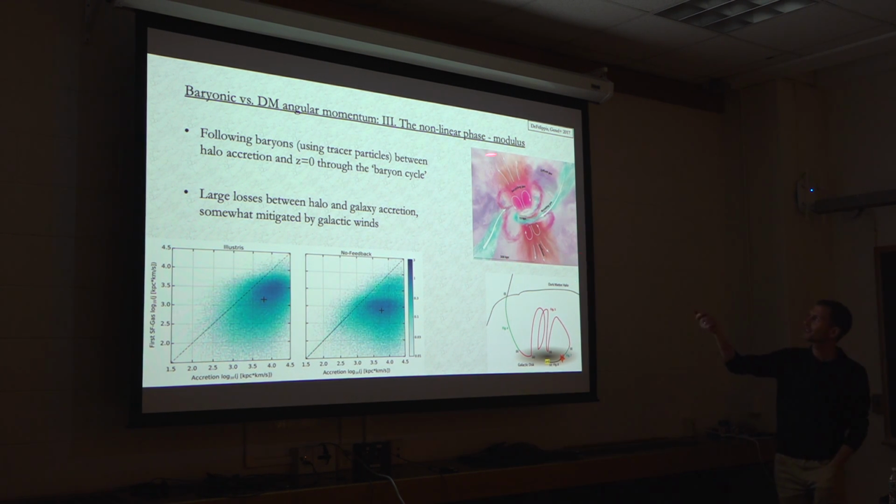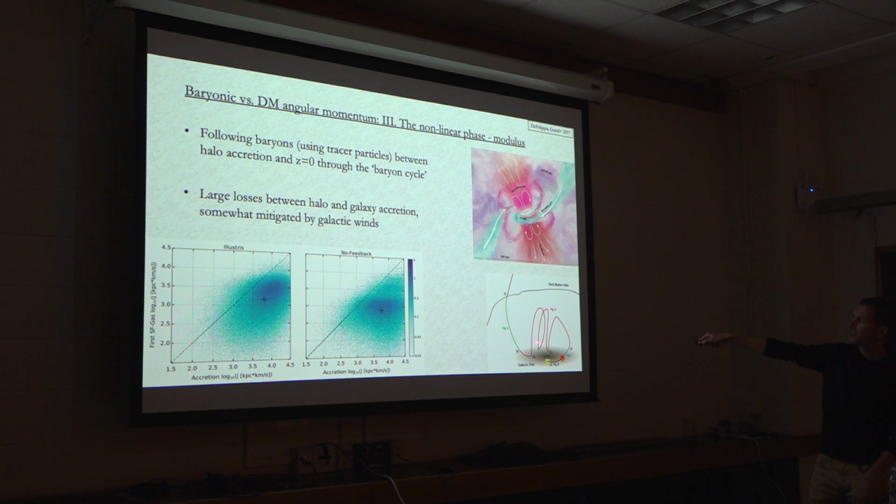So here is this popular picture of the circumgalactic medium, where we have the disk galaxy, we have accreting gas coming from outside, and we have winds blowing out gas from the galaxy that may then sometimes be recycled back into the galaxy. This is a picture I made of the same thing, where we can follow individual mass parcels, tracer particles, as they accrete onto the halo, cross the virial radius, fall onto the galaxy, and get kicked out of the galaxy.